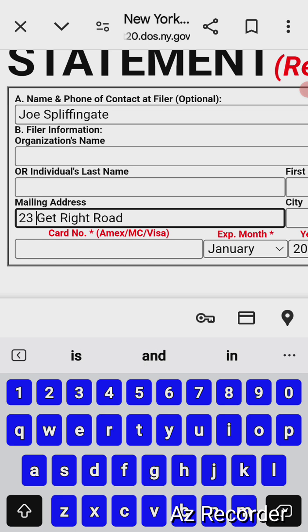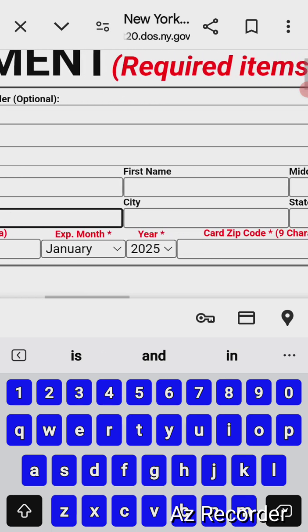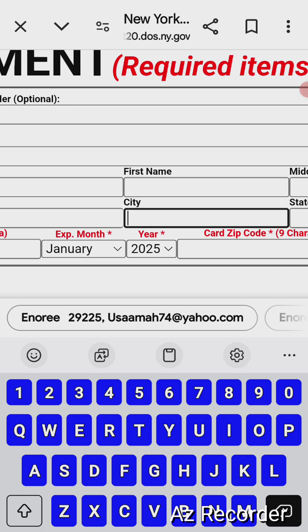Again, there is no special way of doing this section except putting the correct information for the credit or debit card. It's not a part of the process. This is just so these people can get their money. So, 23 Get Right Road, city.